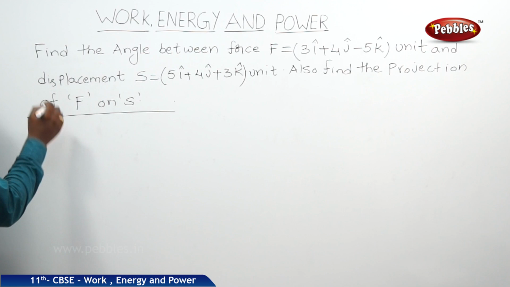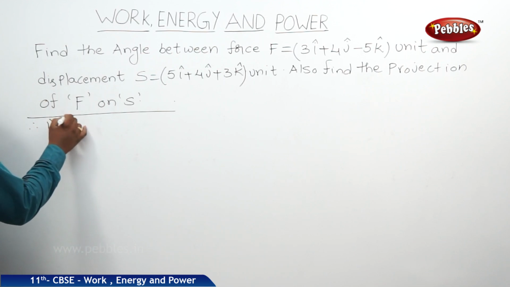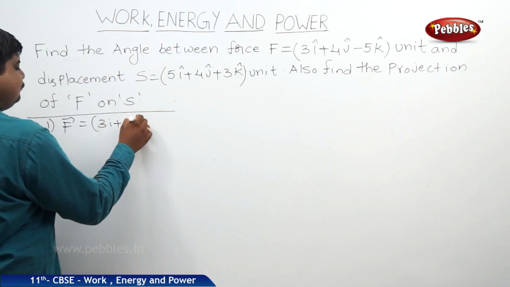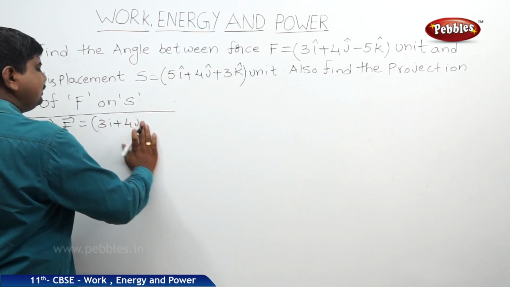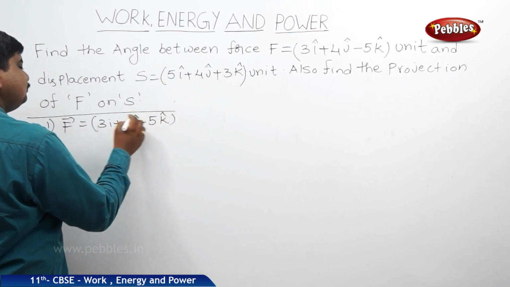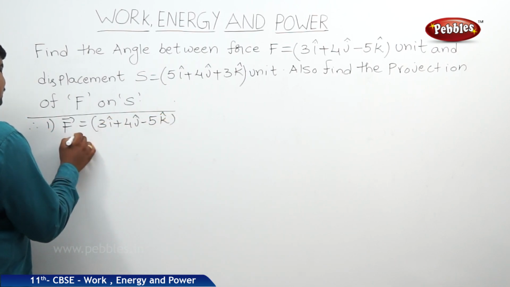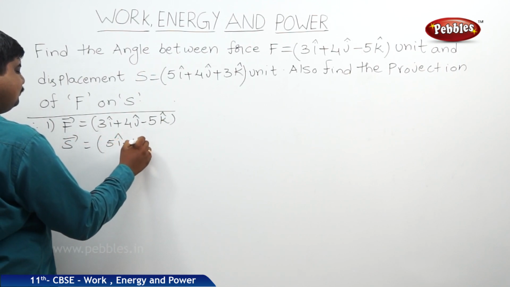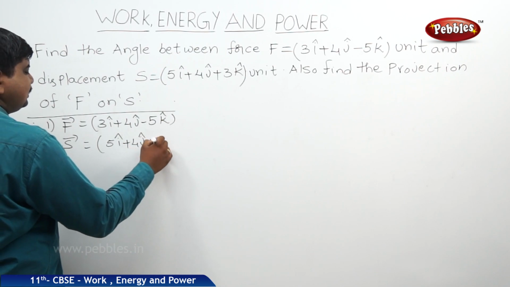So F is equal to 3I plus 4J minus 5K. S is equal to 5I plus 4J plus 3K.